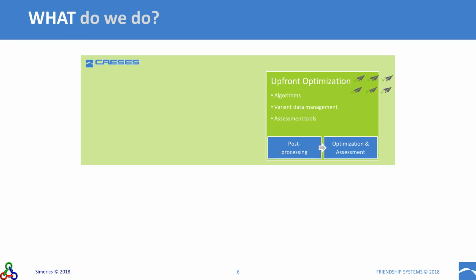Then you generate a lot of data in the optimization, so those data, geometry data and simulation data, need to be managed. That's also part of it. And finally, we want to draw some conclusions from that data, and therefore we need some assessment tools.